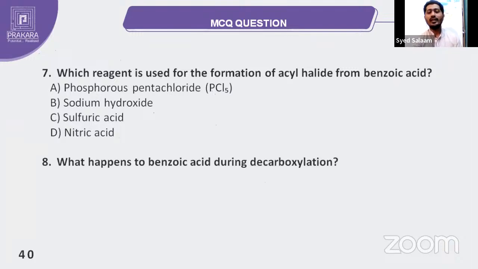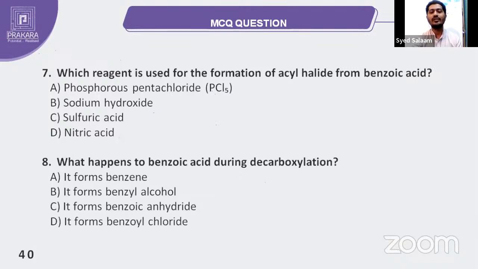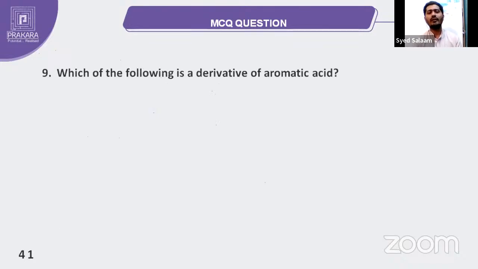What happens to benzoic acid during decarboxylation? It forms benzene, it forms benzyl alcohol, it forms benzoic anhydride, or it forms benzoyl chloride. So what is the product of benzoic acid decarboxylation? Which of the following is a derivative of aromatic acid?